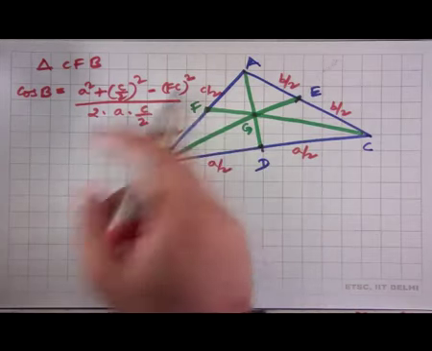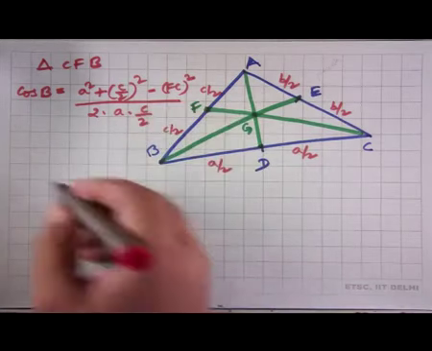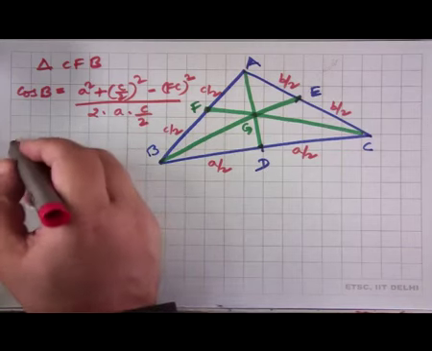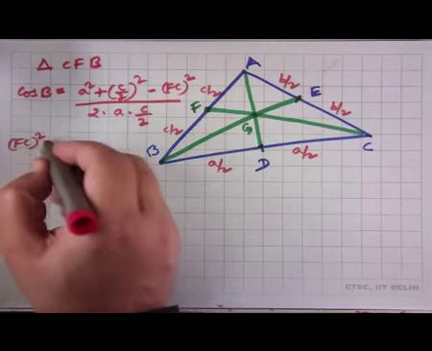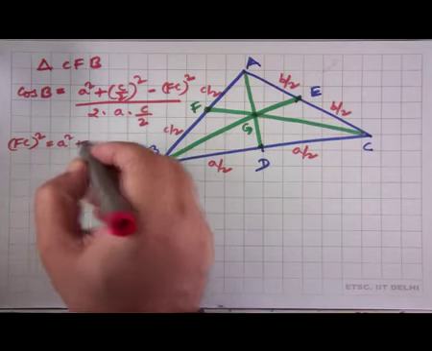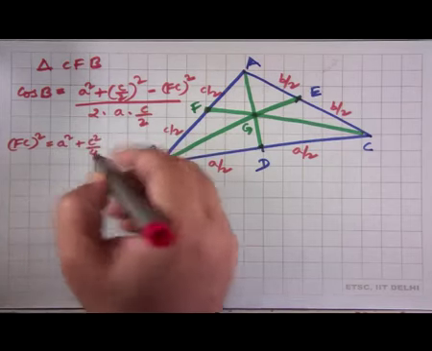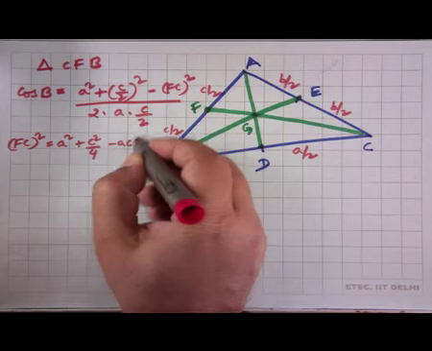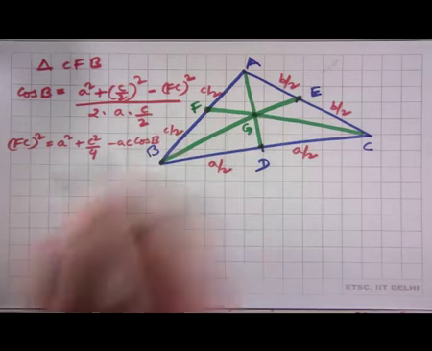And a little bit of manipulation here will give us that FC square is equal to A square plus C square over 4 minus AC into cos of B.